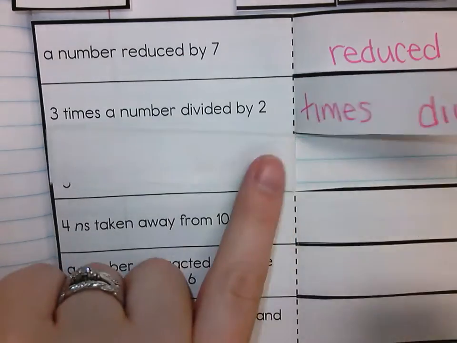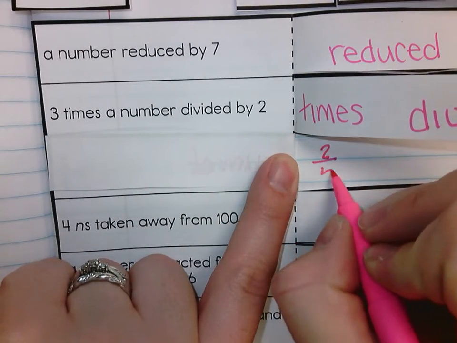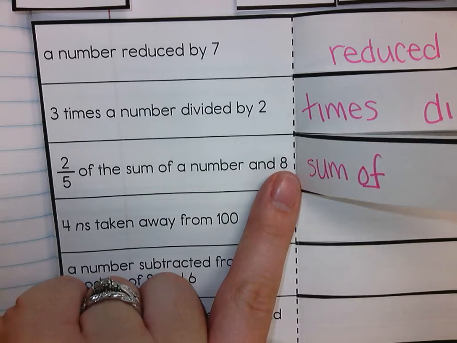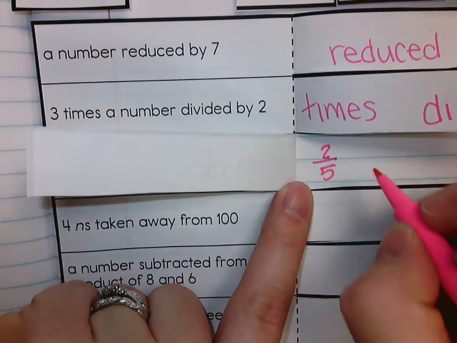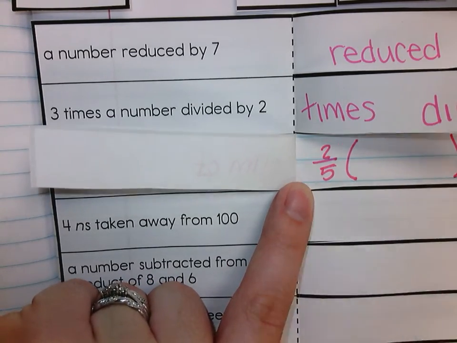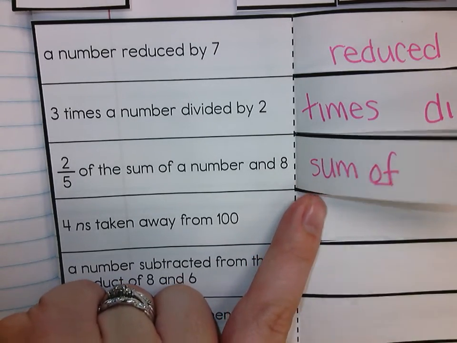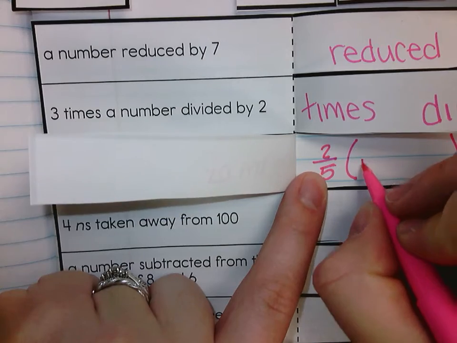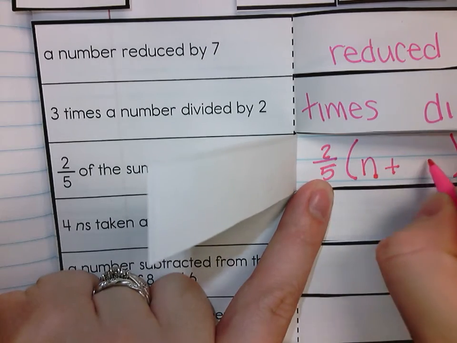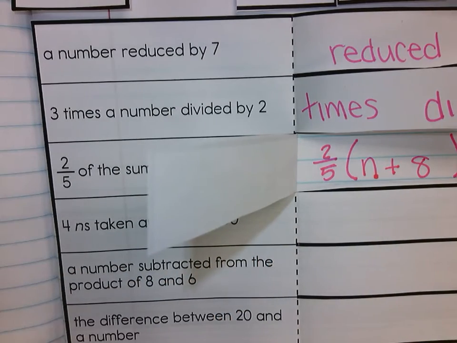So first I'm going to write down my 2/5 of the sum. So I've got the word of, which means I'm going to have parentheses. And then everything that follows is what goes inside of those parentheses. A number and 8. Because it had that word sum at the beginning, I know that I'm adding.